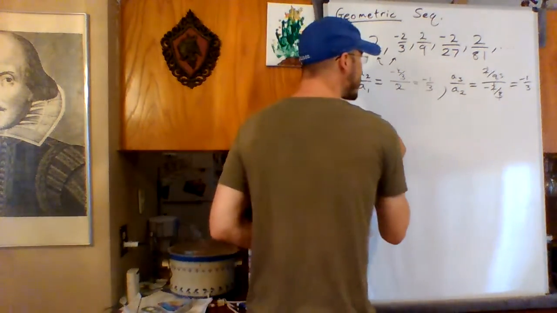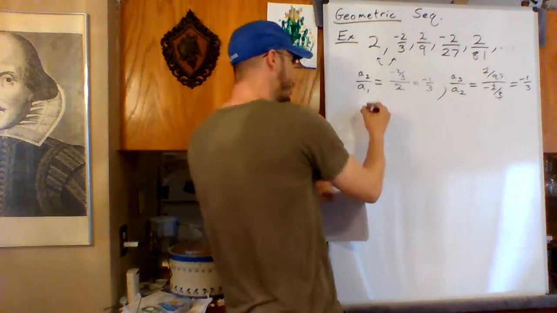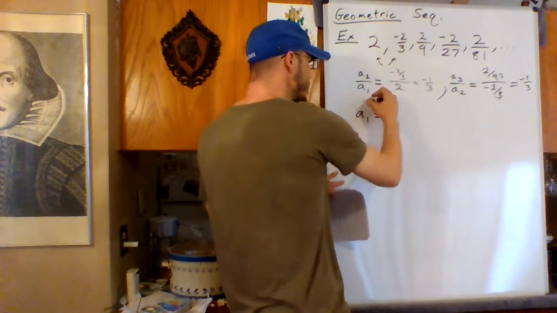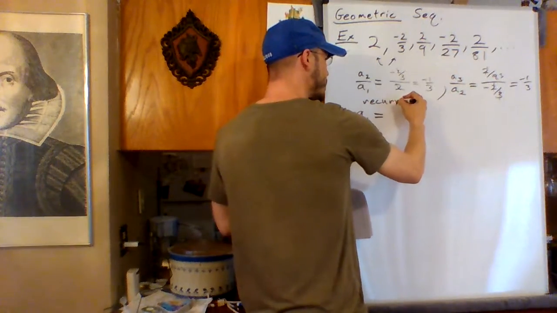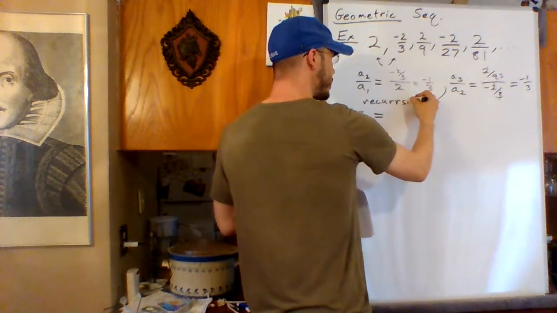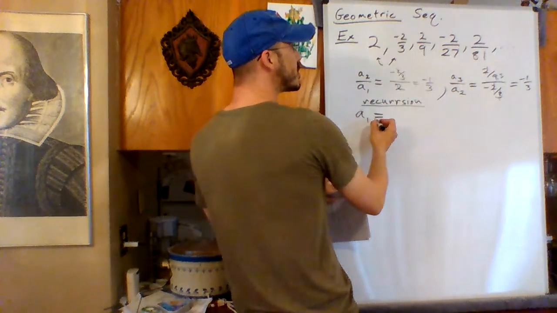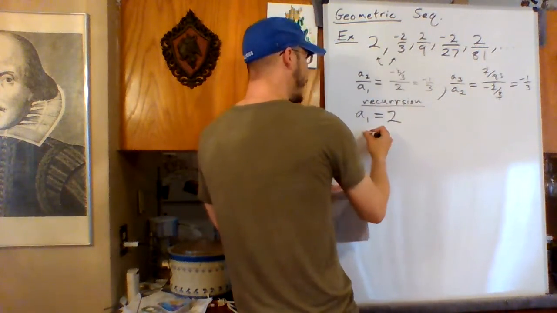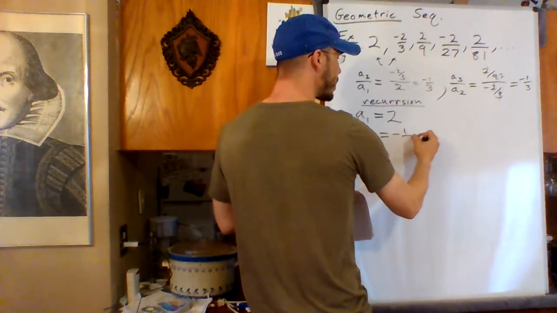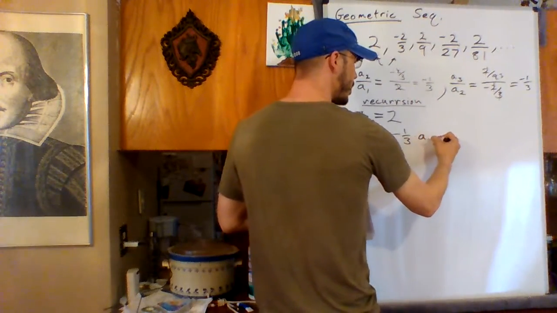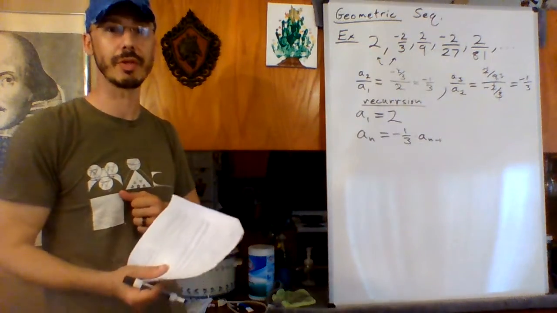Now, to get consecutive terms from a beginning term, and this is going to be my recursion again, A1 is 2. And if I want An, I can get it by multiplying A(n-1) times negative 1/3.